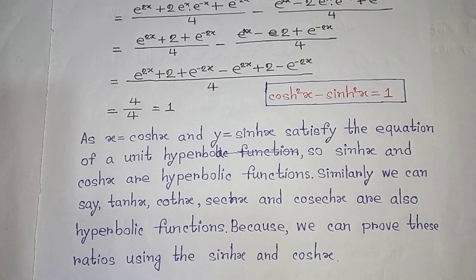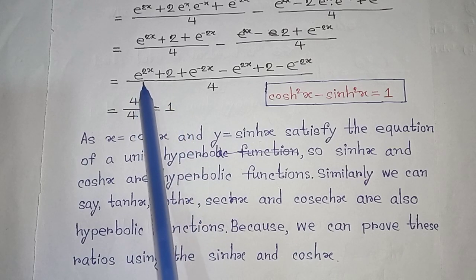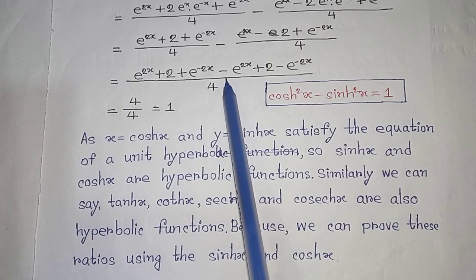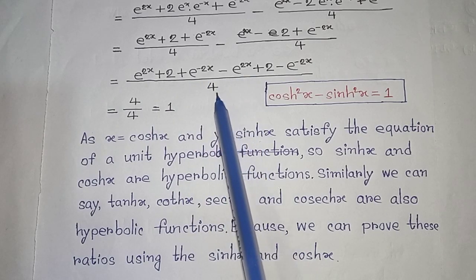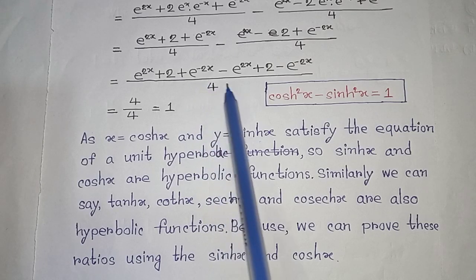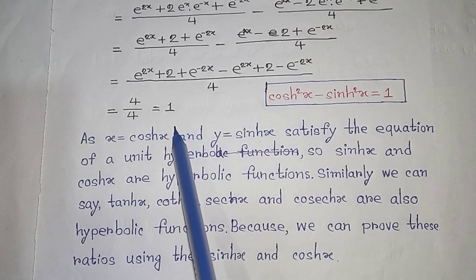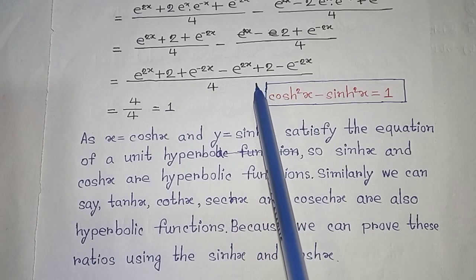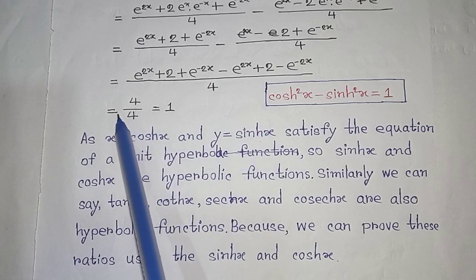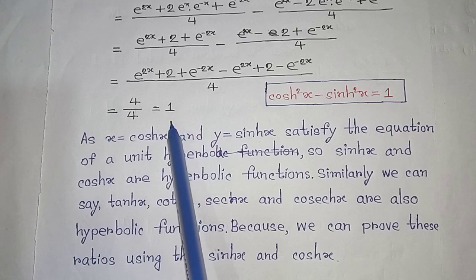Now if we look at this line closely, then we can see positive e to the power 2x and negative e to the power 2x get vanished. Also positive e to the power minus 2x and negative e to the power minus 2x get eliminated, and plus 2 and plus 2 becomes 4. So we get 4 by 4 is equal to 1.